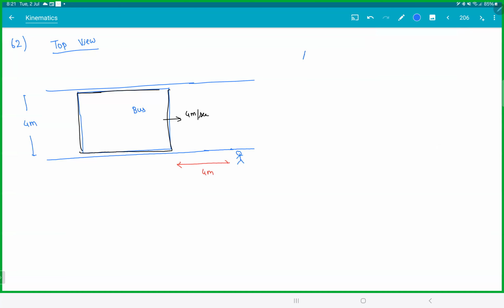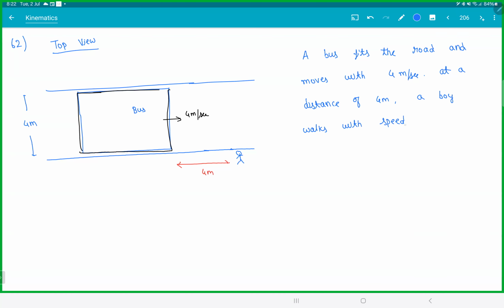Okay. So the bus fits the road and moves with 4 meters per second. At a distance of 4 meters, a boy tries to cross the road. He walks with speed u and crosses the road safely.